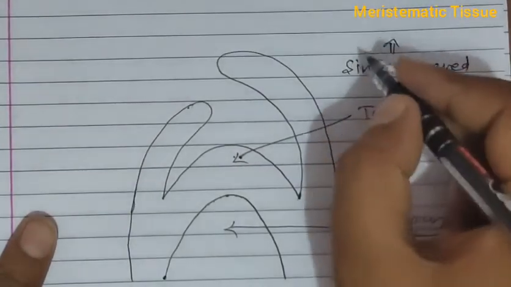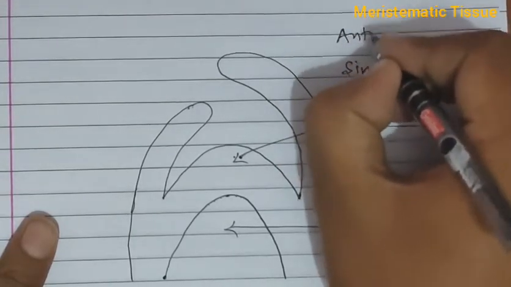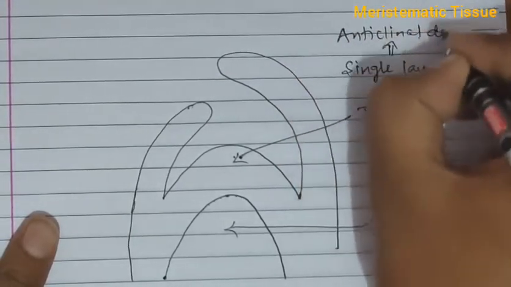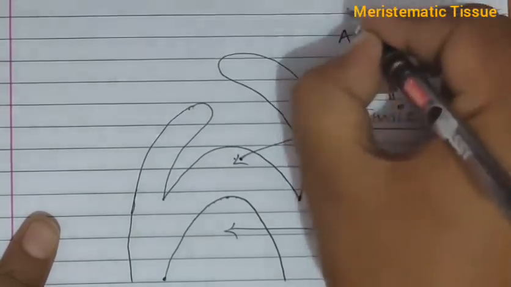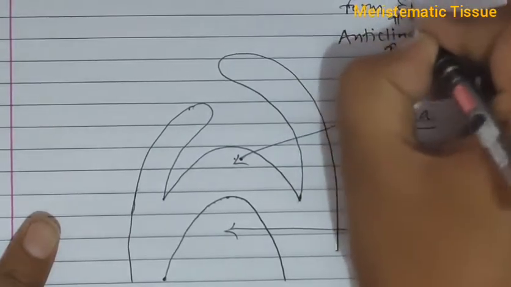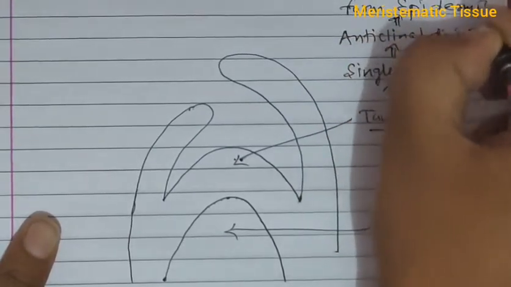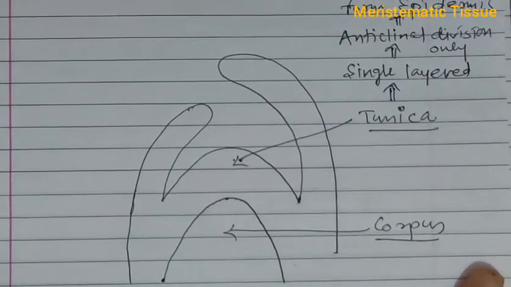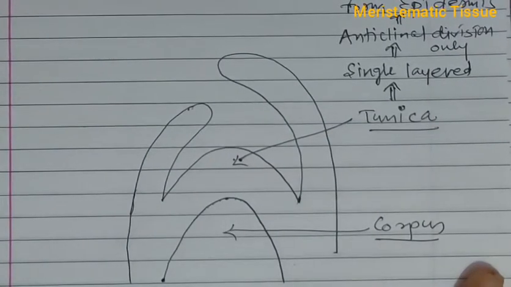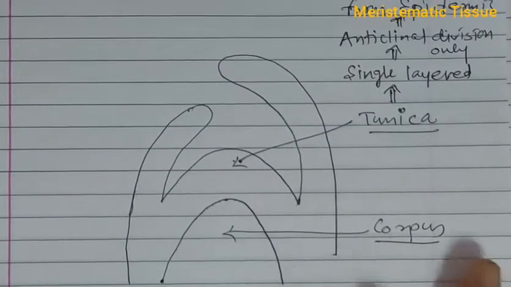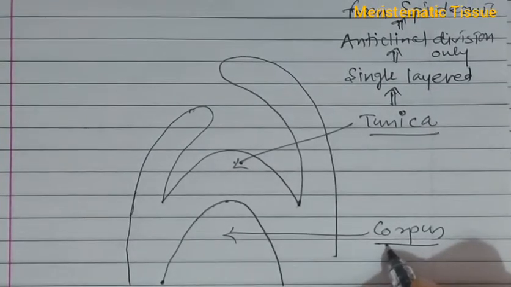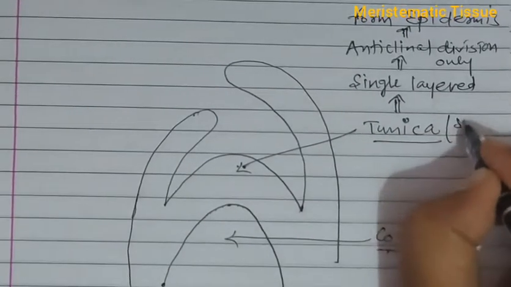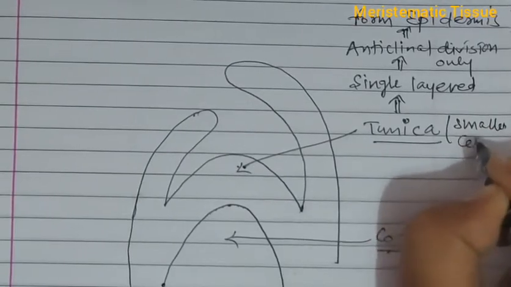But this tunica shows anticlinal division only and forms epidermis. Whereas when we talk about corpus, corpus represents a central cone with larger cells. This tunica has smaller cells, that you also remember.